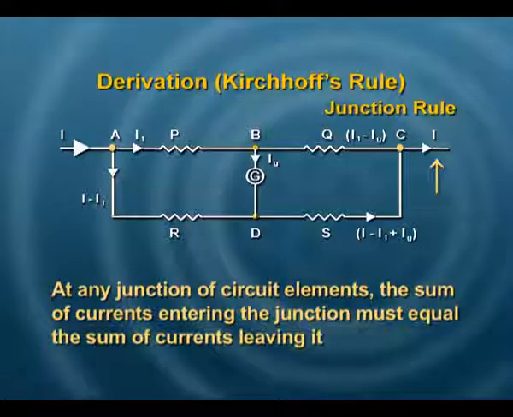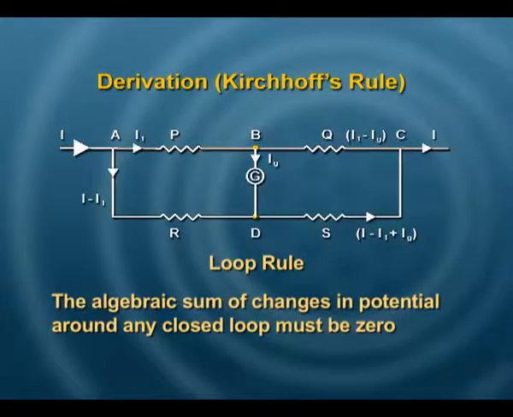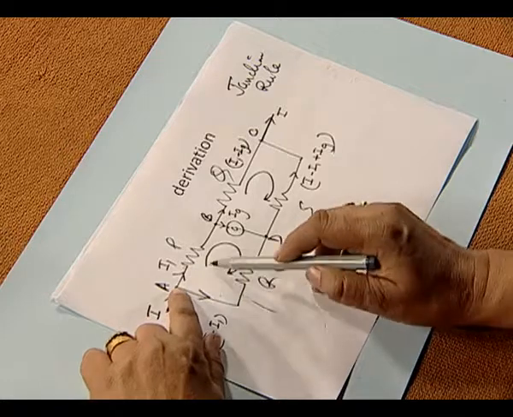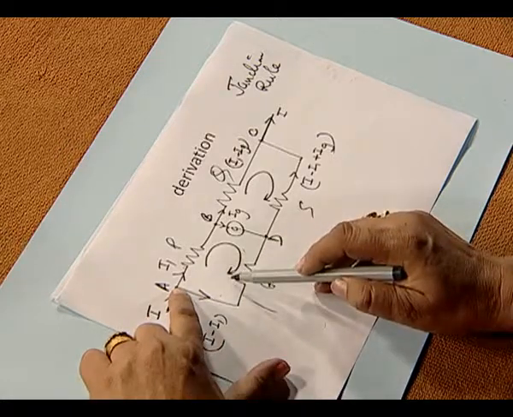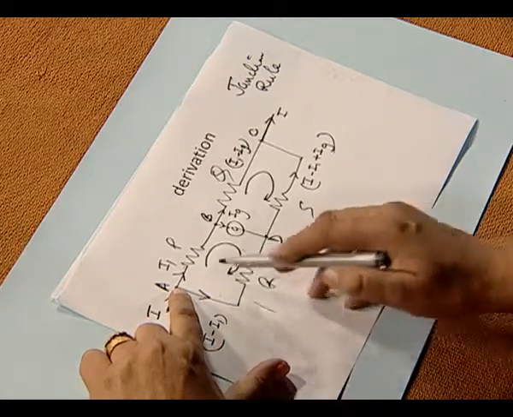What is the second rule? The second rule is the loop rule, which says that if you have a loop like A, B, D, A or another loop B, C, D, then the potential drops across it all add up to a 0 value. Let us start from here. I have marked this loop by taking it clockwise.